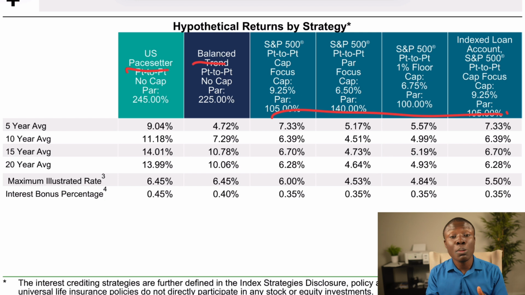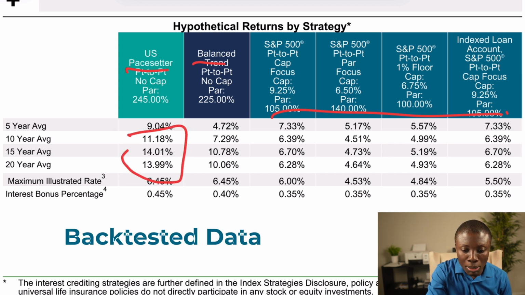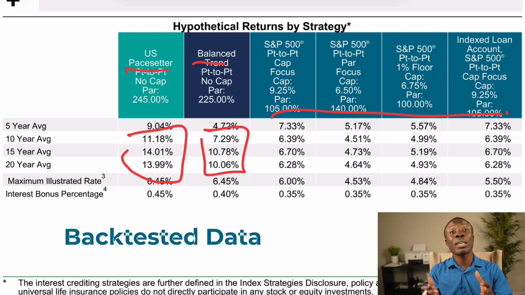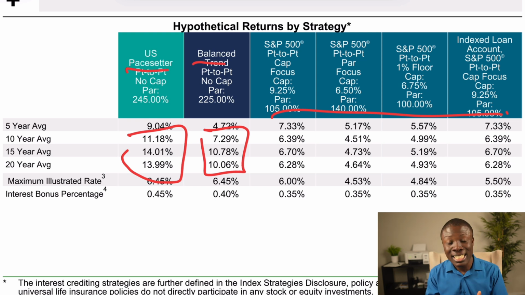This is what most people are not aware of. Some of these averages include back-tested data. What that means is that before the index ever comes to exist, someone designs it on paper and tests how it would have performed had it existed in the past.